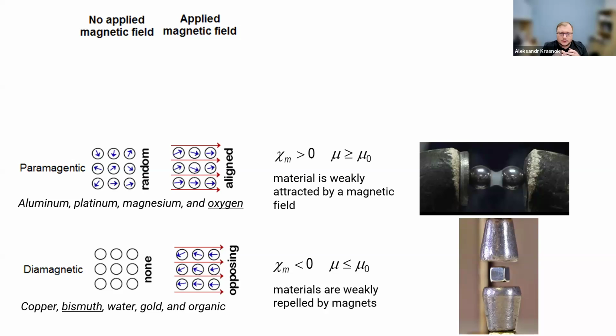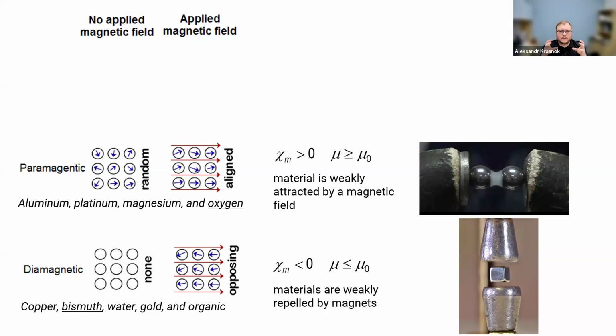And the fact that the atoms of oxygen orient, or the magnetic dipoles of the oxygen orient along the magnetic field, makes oxygen kind of attract, or it attracts the magnetic field, right?